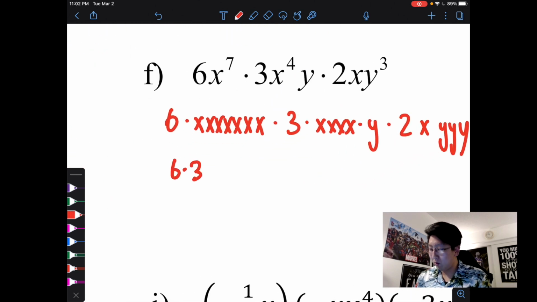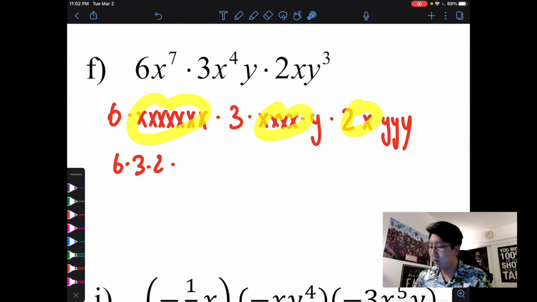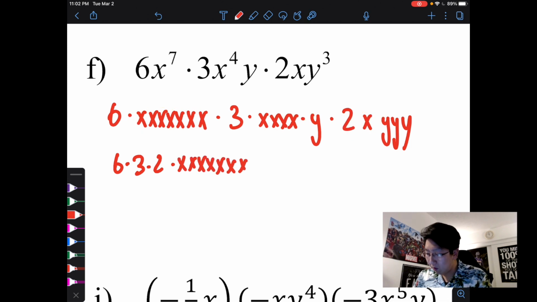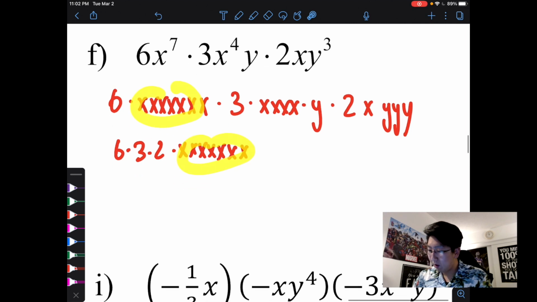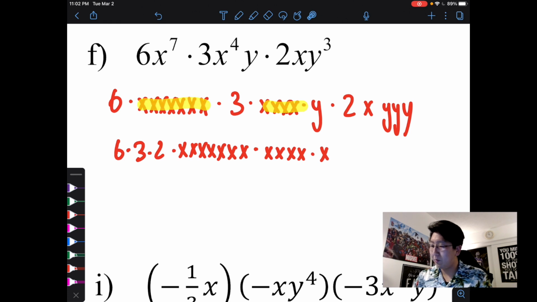Okay, so I expanded. I'm going to reorder, so I'm going to put the numbers together. 6 times 3 times 2. And then I'm going to put all the x's together. So I have 1, 2, 3, 4, 5, 6, 7. 7 x's is here, 7 x's is here. Next thing I'm going to focus on is x to the 4th. So 1, 2, 3, 4 times x.